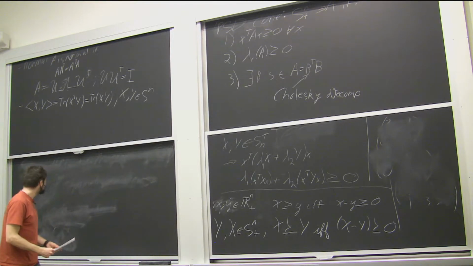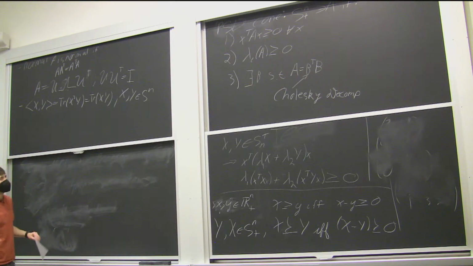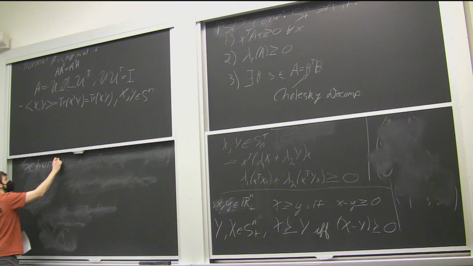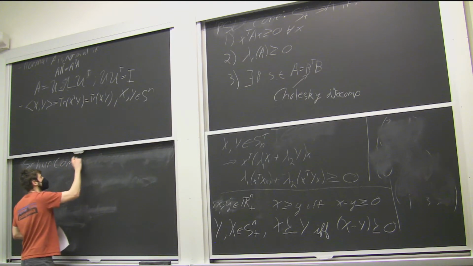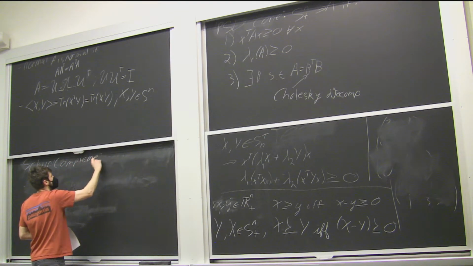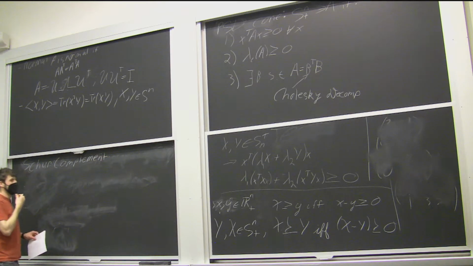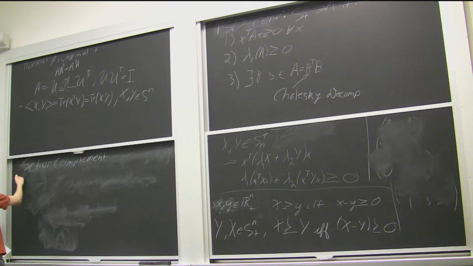So the last property for checking semi-definiteness that I'm going to talk about is called the Schur complement. The reason I bring this up is because this trick is used all the time.